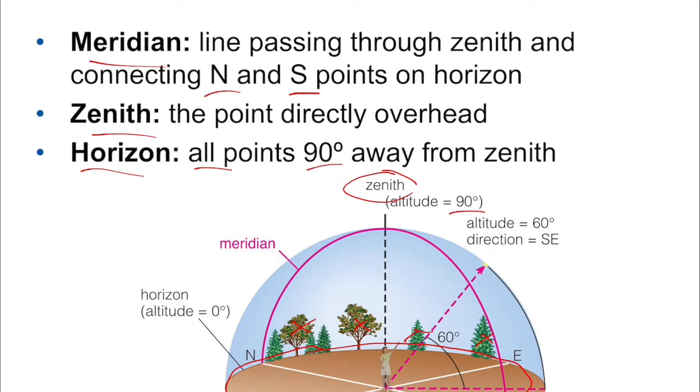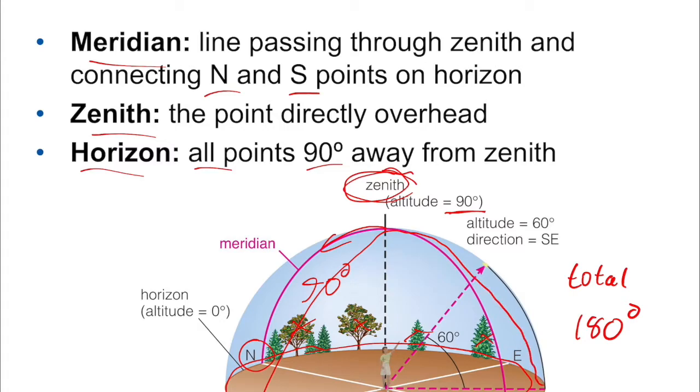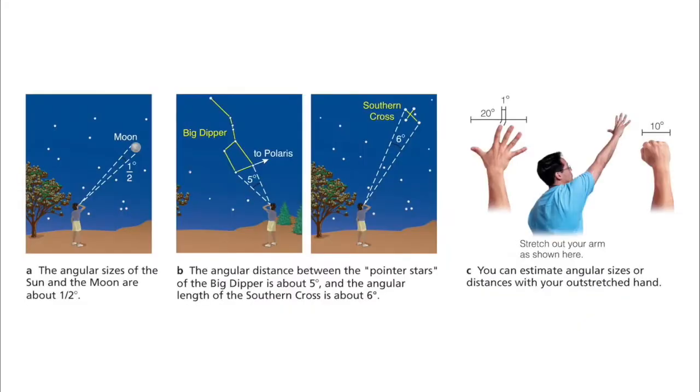So going from south to zenith is 90 degrees. If I continue on from the zenith back down to north, I've gone another 90 for a total of 180. So if I follow the entire meridian, or any such arc across the sky, then that is a 180 degree sweep. In other words, we could split the sky from horizon to horizon into 180 degrees.